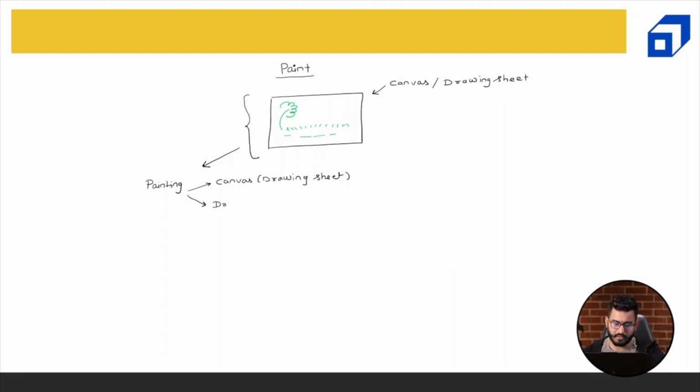Now why I'm talking about this, it is not a painting class, but this is the core concept behind how we visualize data in Python. Let's say I'm having the data like this.